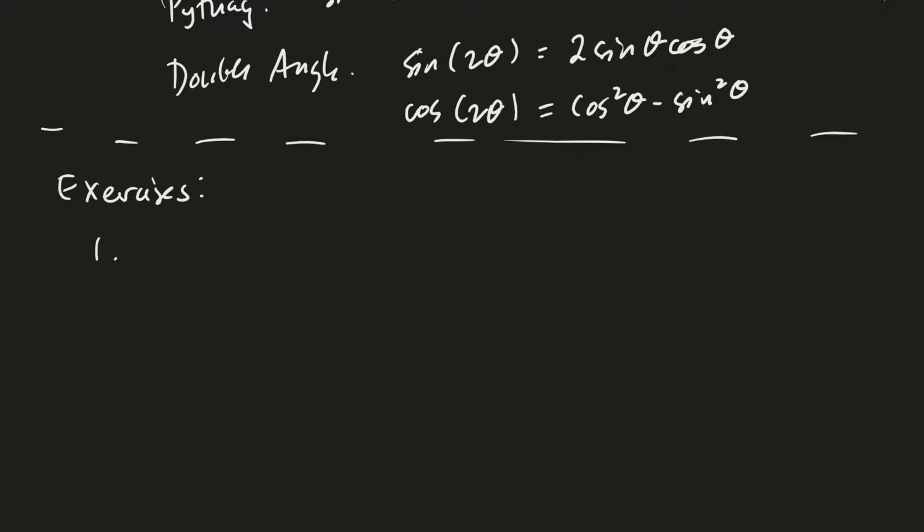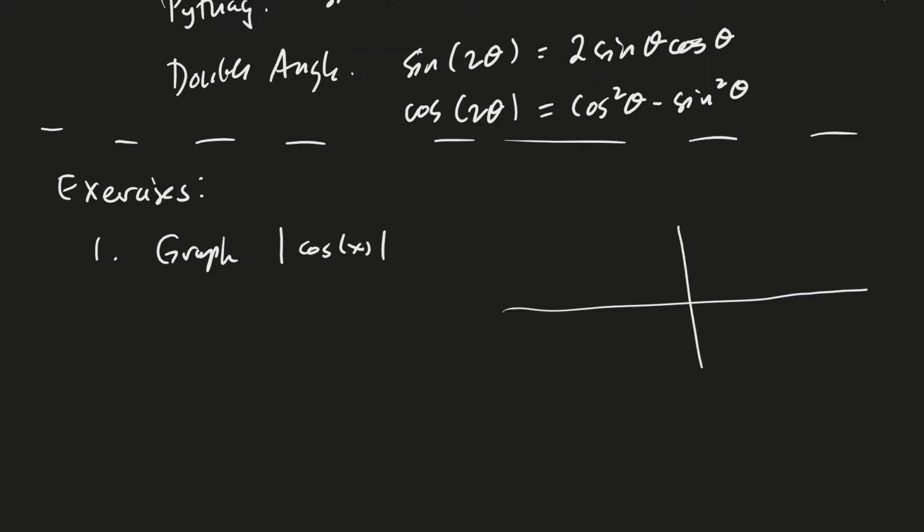1. Graph the absolute value of the cosine of x. Okay, well, the main thing to remember about the cosine is that it starts at 1, and then you have this nice repeating pattern. And the repeating pattern takes 2 pi units, so from there you can write down the other values. So this would be minus 2 pi, minus pi.